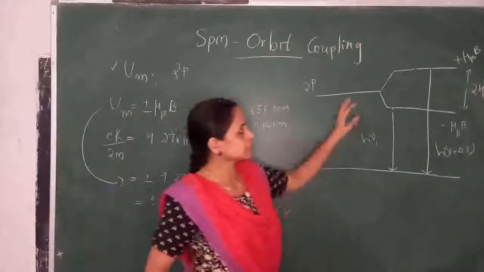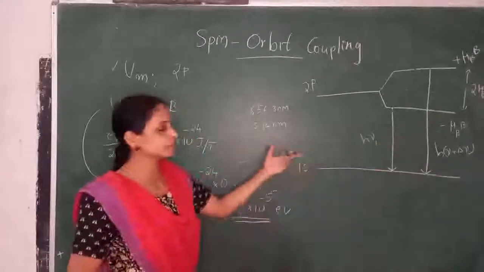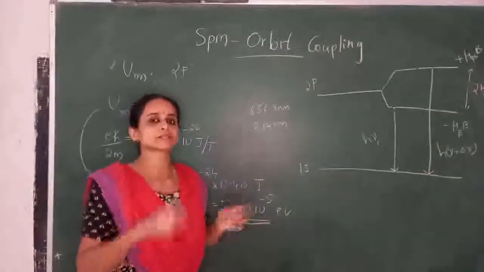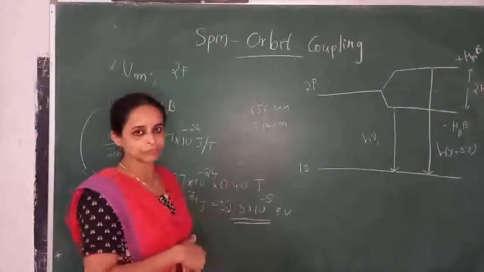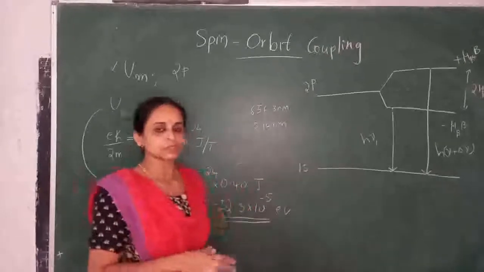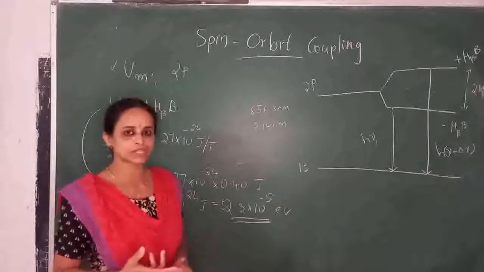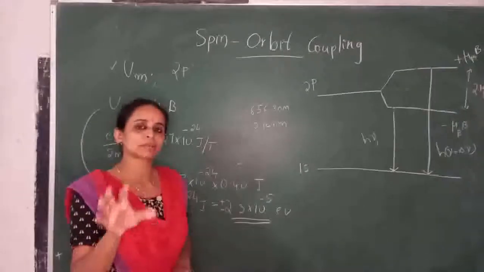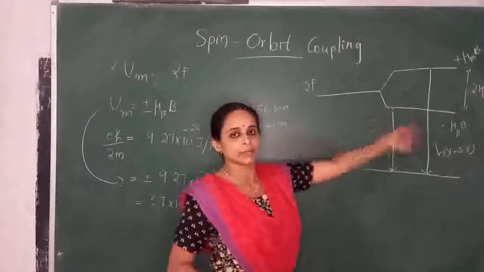So you can see that because of this spin orbit interaction, you will have two close spectral lines instead of one spectral line in the case of every spectral series or every spectral line. Except for the S state, we will have the spin orbit interaction. So every spectral or quantum state is divided into two substates.